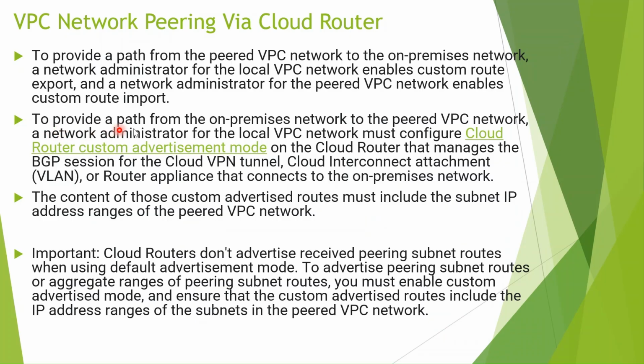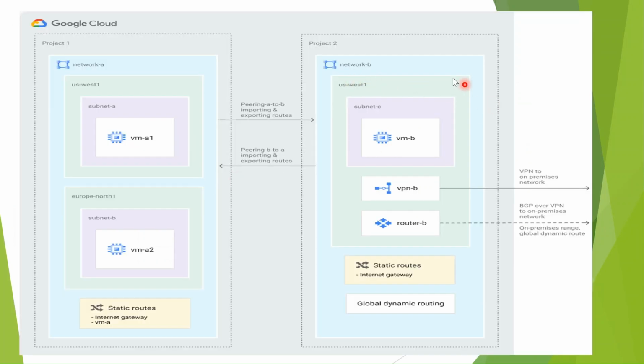After that, to provide a path from the on-premises network to the peered VPC network, a network administrator for the local VPC network must configure Cloud Router custom advertisement mode on the Cloud Router that manages the BGP session for the VPN tunnel, interconnect or anything. So in this specific network, the person managing it has to go into the Cloud Router and enable custom route advertisement.